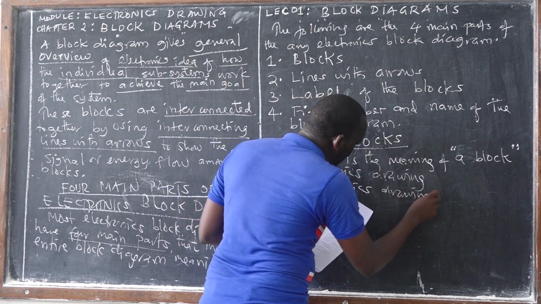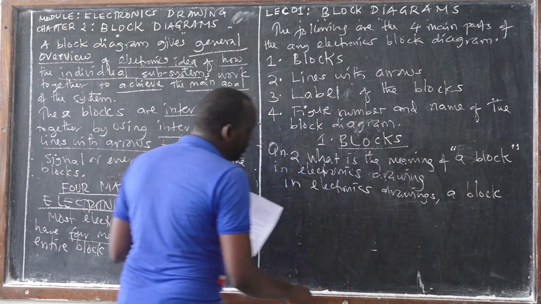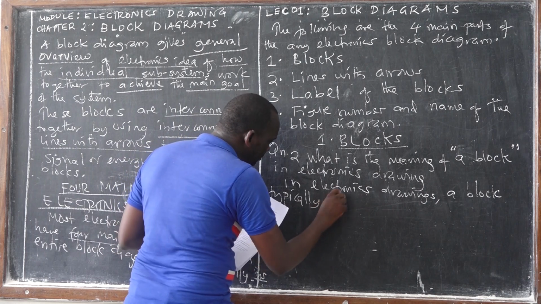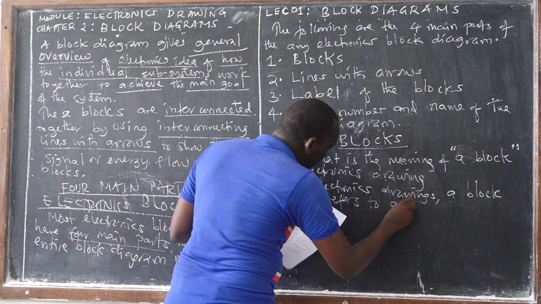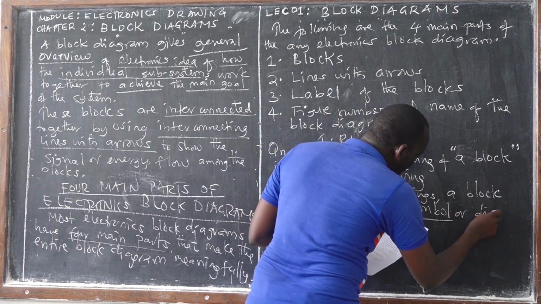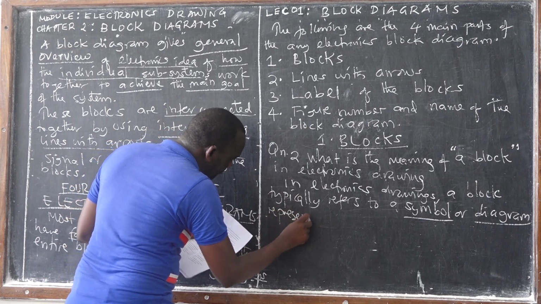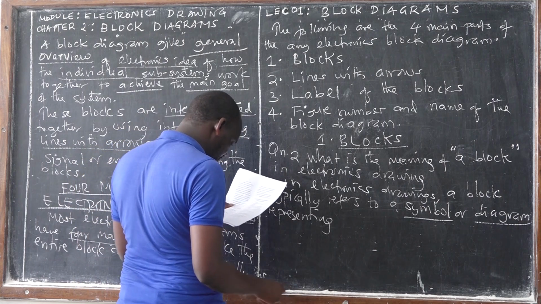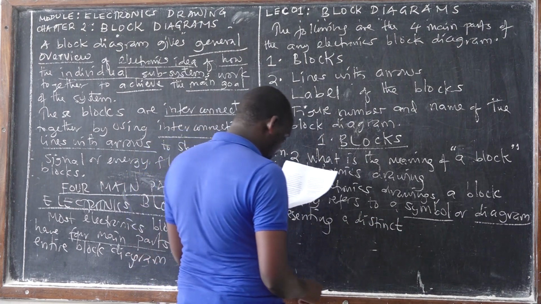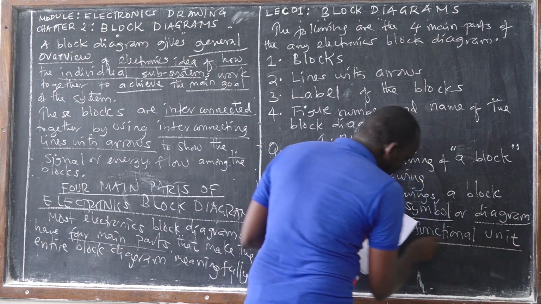In electronics drawing, a block typically refers to a symbol or a diagram representing a distinct functional unit.